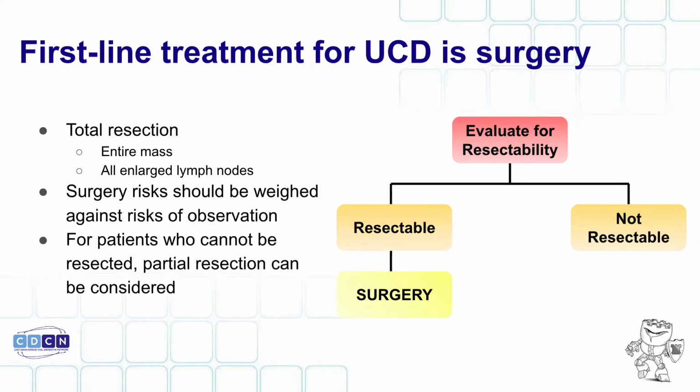So the main thing we recommend is that all enlarged lymph nodes get taken out for the surgery, and that's it. Other lymph nodes can be left alone in that area. Otherwise, we'll follow the patients with imaging and clinical evaluations to see whether there's any indication to do a more aggressive surgery than that.